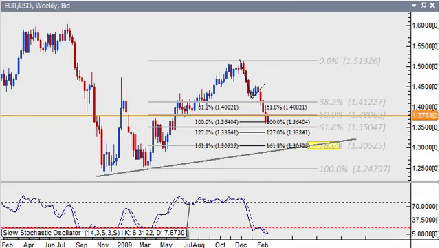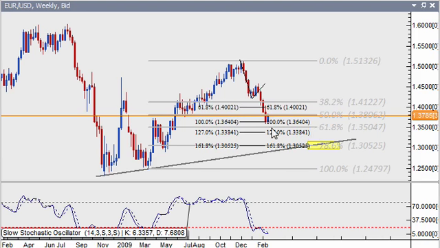And then looking at the weekly, using this Fibonacci expansion tool, we have the 100% swing projection. If the market continues to decline, we may go to 127%, which is the 1.3380 area.